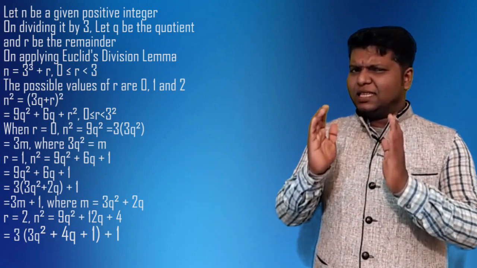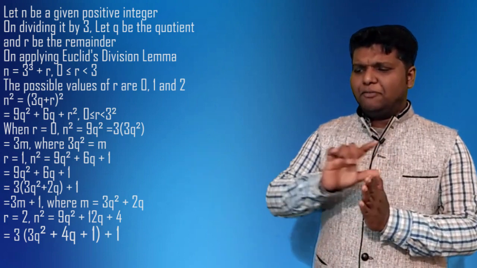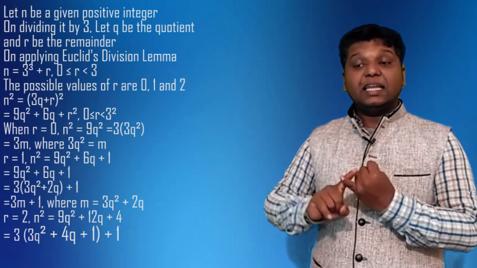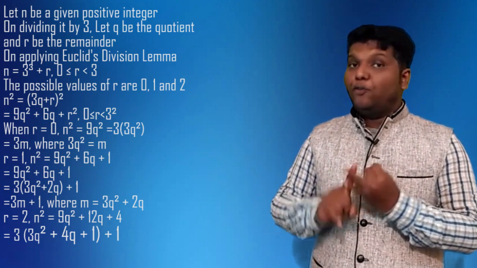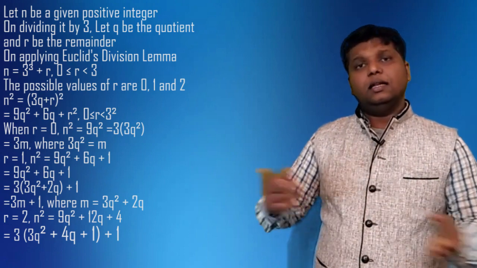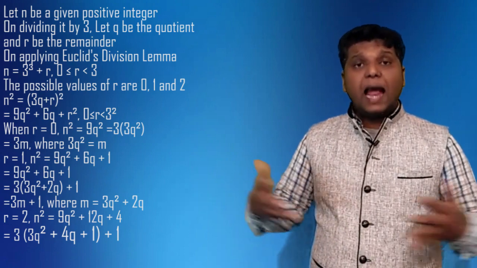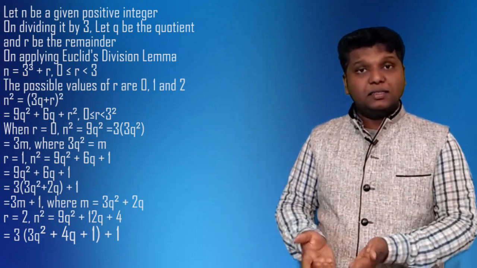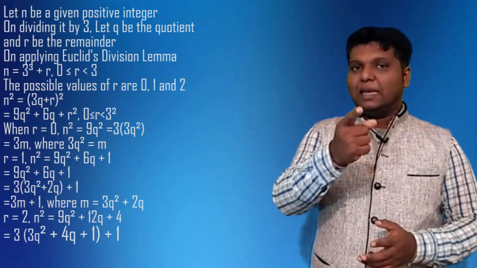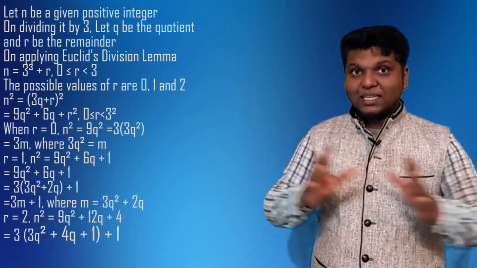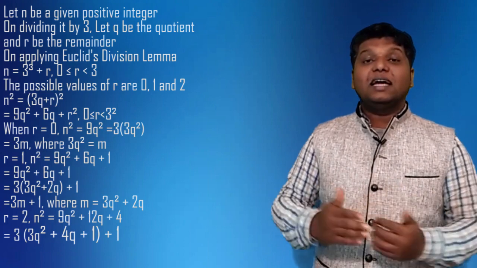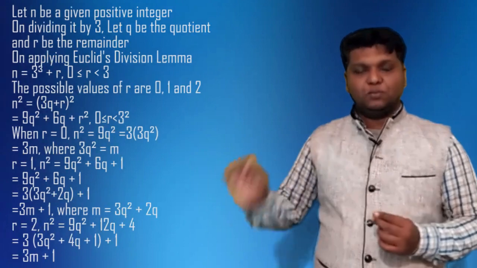So what is there within these brackets? Check it out. Everything is an integer. 3q square is an integer. 4q is an integer. 1 is already an integer itself. So adding them together, that will be another integer. So all together we can conclude it as m. So next line we will write that's equal to 3m plus 1.